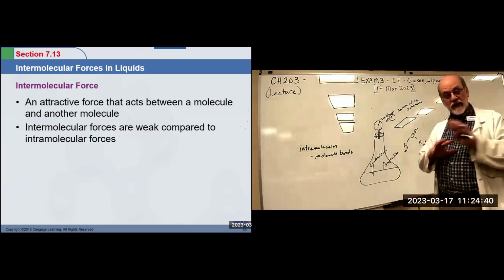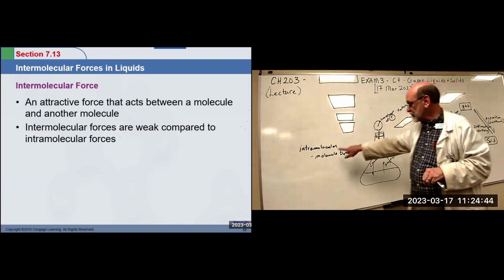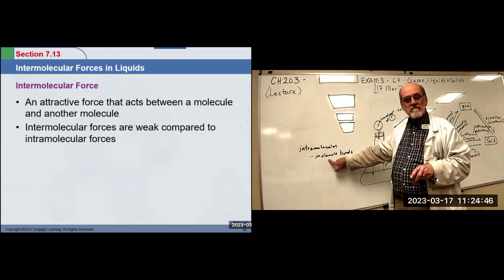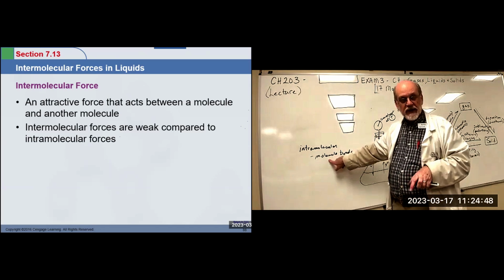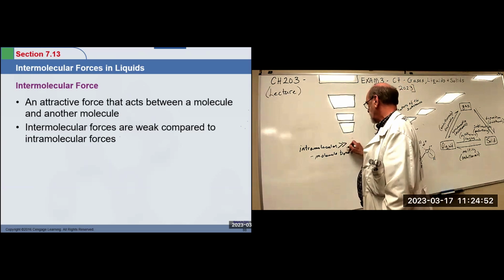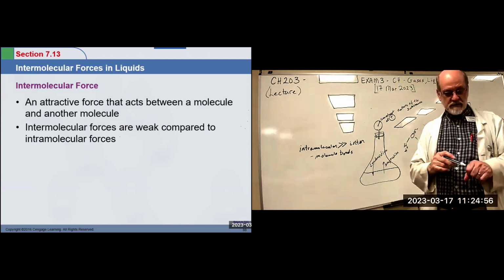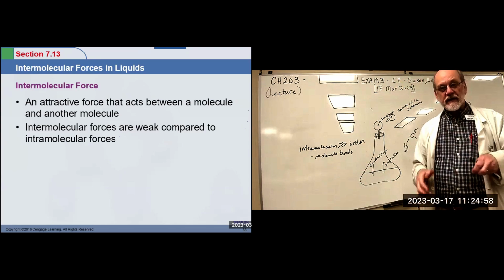Now, relatively speaking, these bonds are much, much greater than intermolecular forces. And it just makes sense.